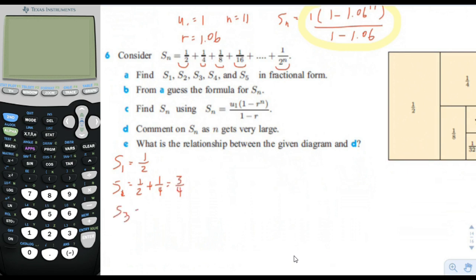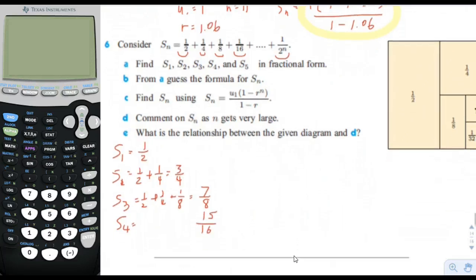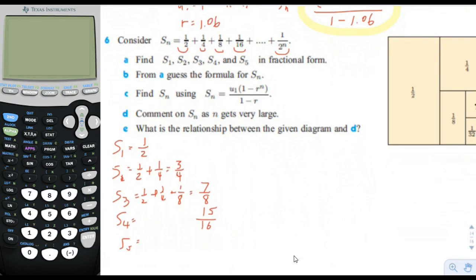S sub 3 would be equal to the first three terms, which would be equal to 4/8 plus 2/8 plus 1/8, that'd be 7/8, right? S sub 4 would be equal to 15/16. And S sub 5 would be equal to 31/32. Okay?